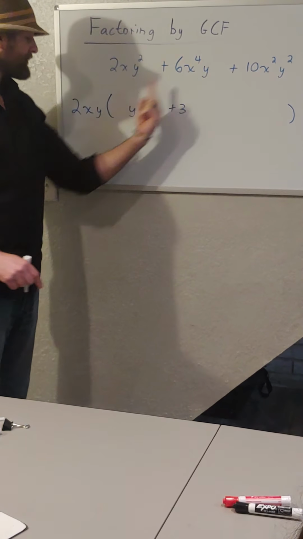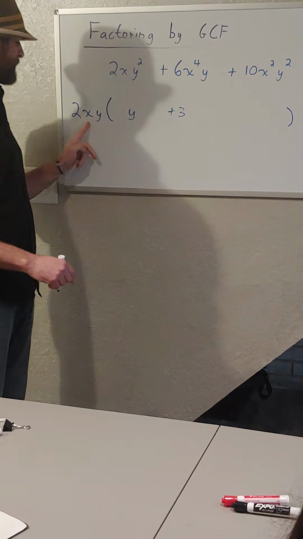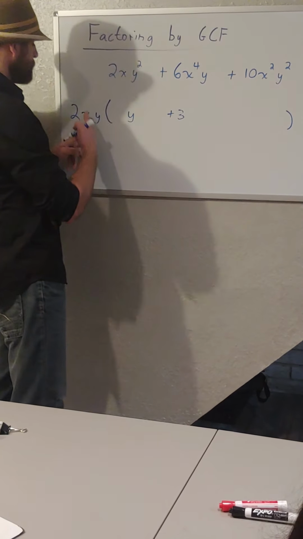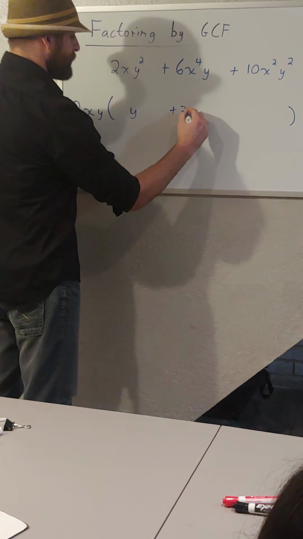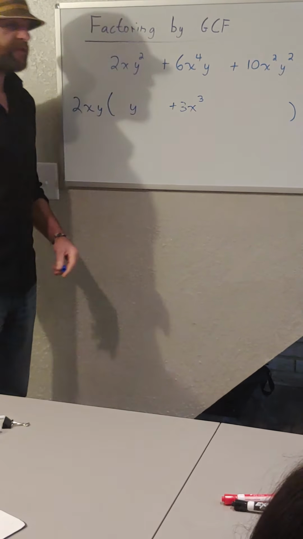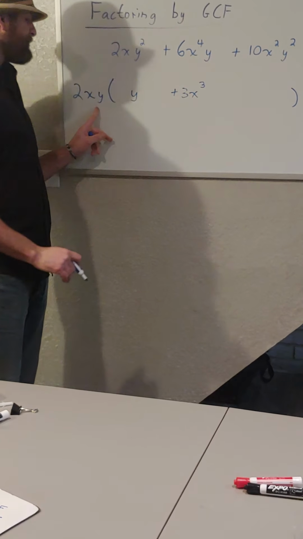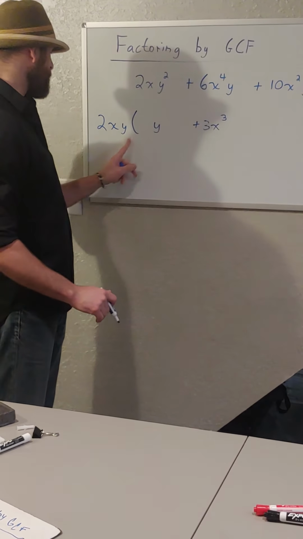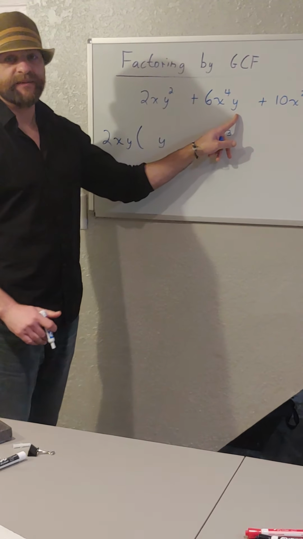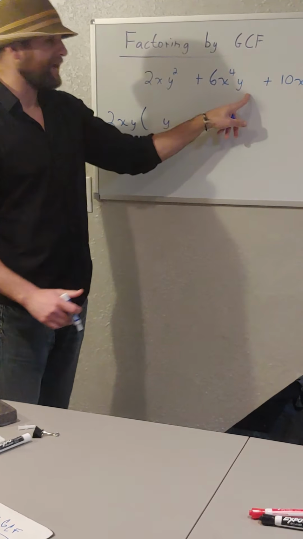X and x to the fourth, when I compare those, I see that I need 3 more x's. You can visualize a 1 there if it helps you. So it'll be x to the third. Do not put a y here, that's kind of a mistake. If you put a y here, y times y will give you y to the second. So we're good with the y's.